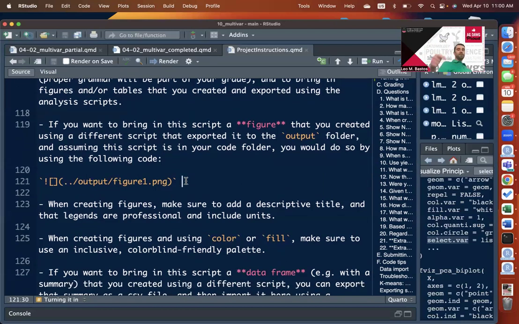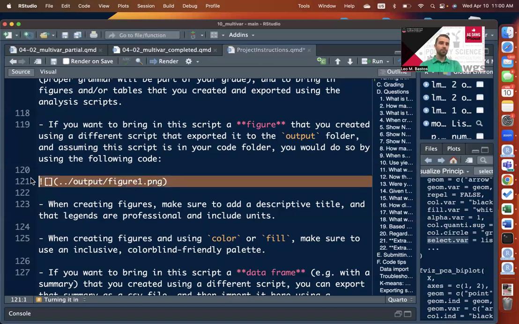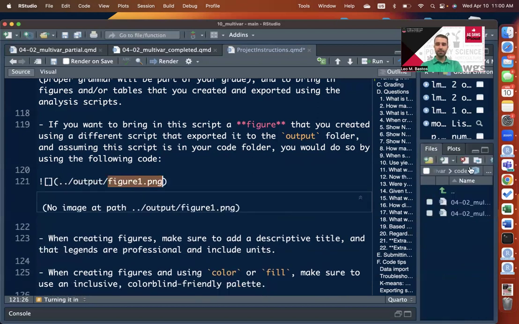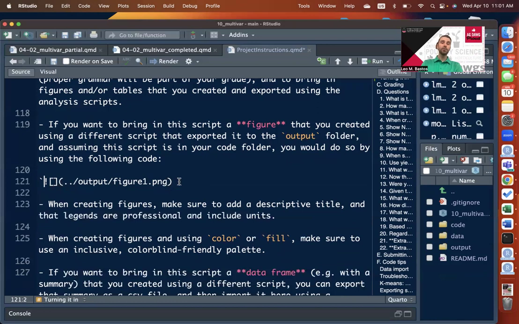Then you come to this script and use this notation here, assuming you have a figure1.png file inside your output folder. This is how you would embed a figure here. So you create a figure, export it as a PNG, and then I just want you to bring the PNG into this script, not the code to create the figure.